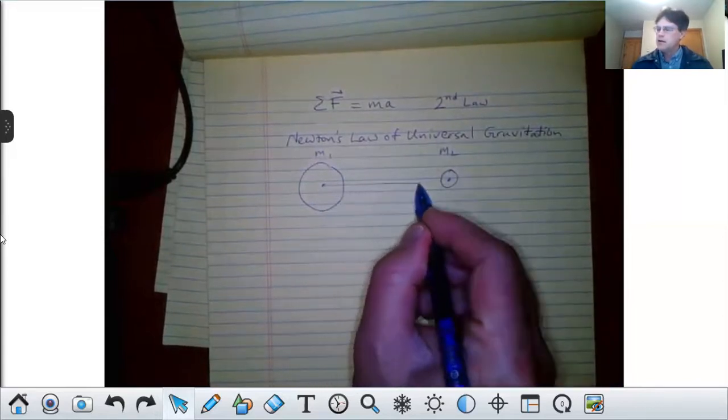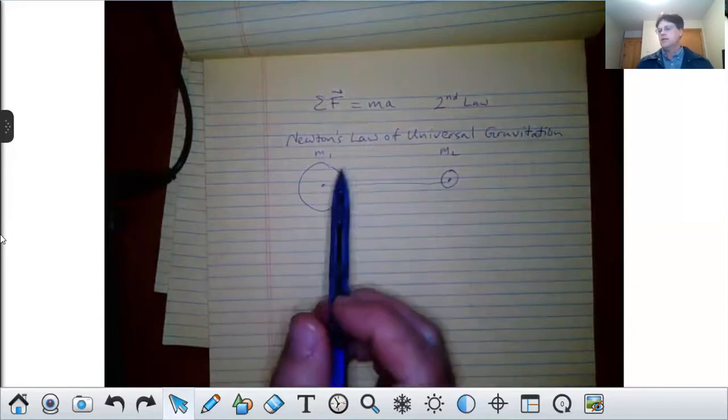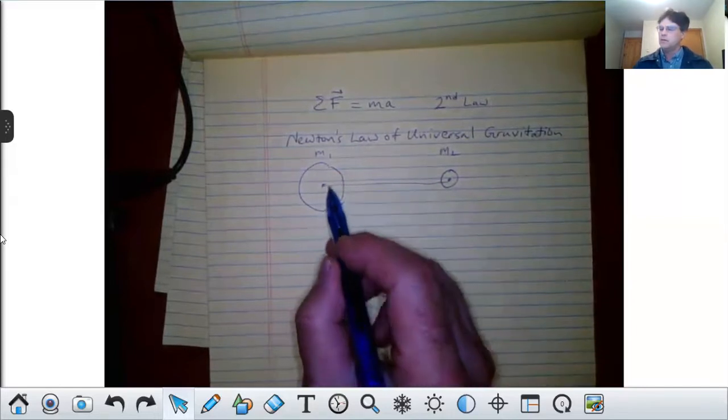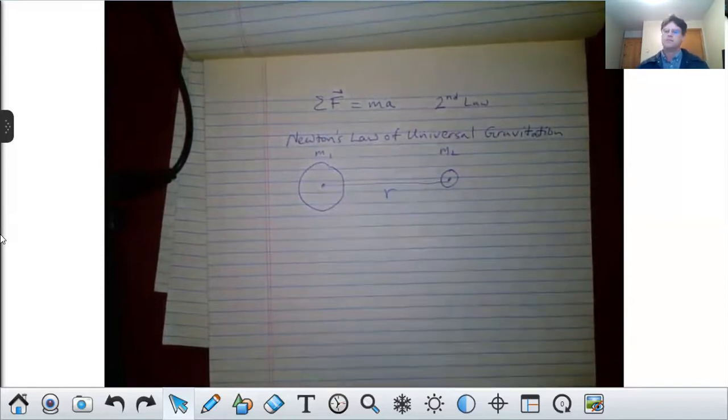And it turns out that in the universal law, you can consider any big spherical object like the Earth, when you're calculating this force, to have all the mass at the center, right? So here what we're looking at is the distance between the two centers of mass of the objects. We're going to call that R. We're going to treat them like point masses at those points, at their centers.